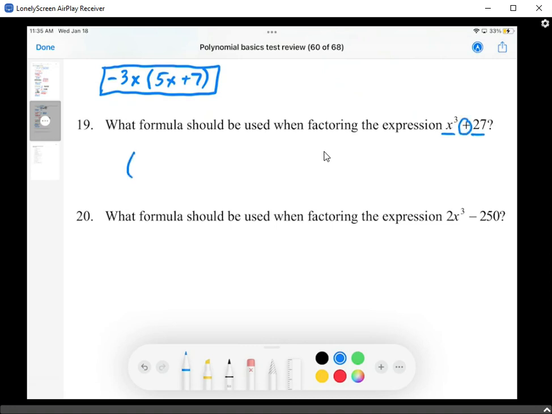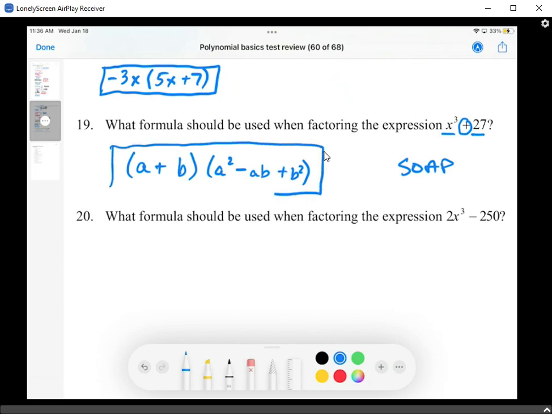So the sum formula, remember, if you're working with a cubed plus b cubed, you've got a small set of parentheses, you've got a large set of parentheses: a squared, a times b, b squared. And your plus and minus signs use SOAP. Same, opposite, always positive at the end. That's what the formula is.